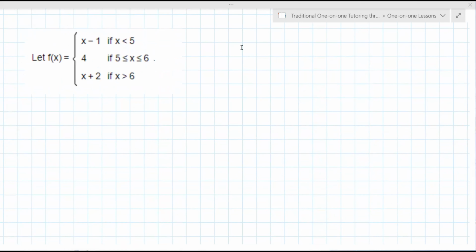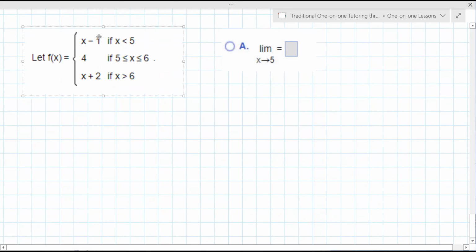Okay, so question A wants the limit as x approaches 5. This is a piecewise graph, and there's what's called a left limit and a right limit. So the number that goes here really is based on the following. It's the limit as x approaches 5 from the left. So that's not a negative sign, that means from the left.